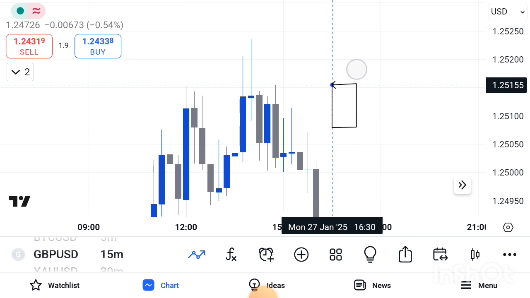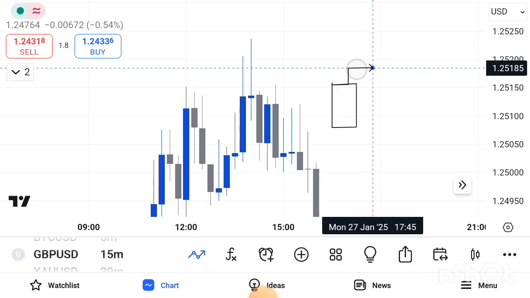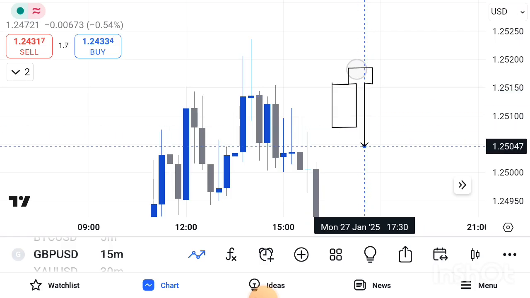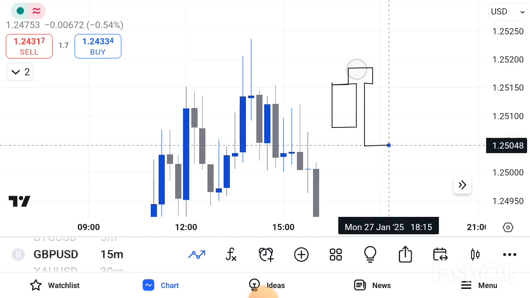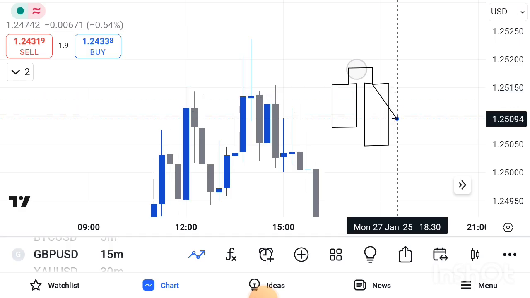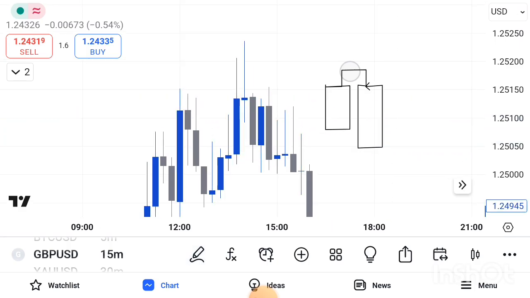I'm not really an artist. So this is your candle, right? So let's now say this is the next candle. Okay, so I think this is actually nice. You guys can bear with me.